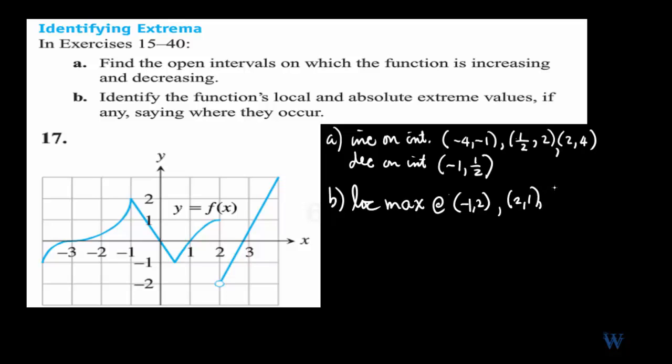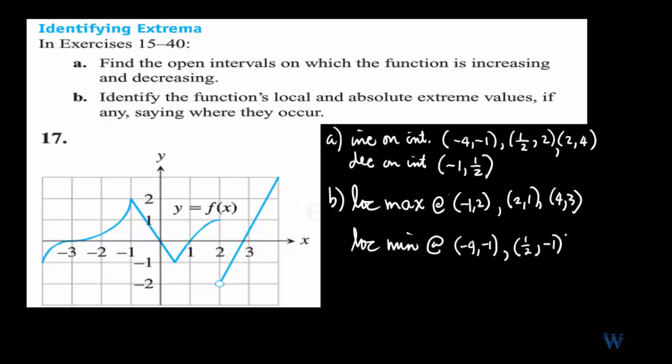And when x is equal to 4, y is 3. And then local min, where? We've got a local min right here, here, and I think that's about it. So you have a local min at -4, -1, and then at 1/2, -1.